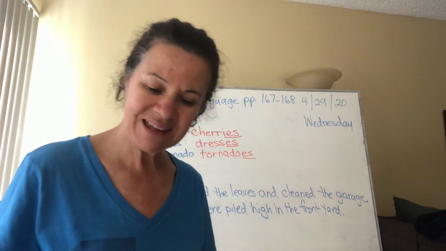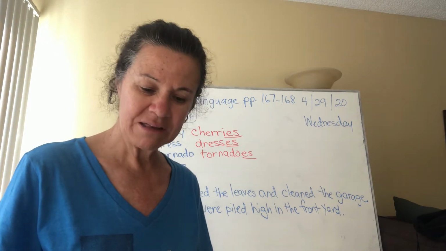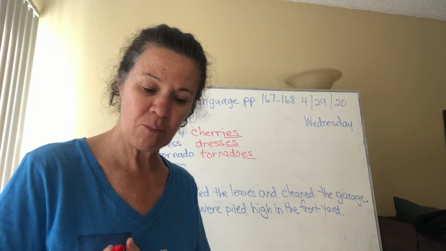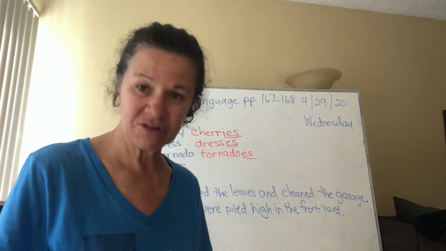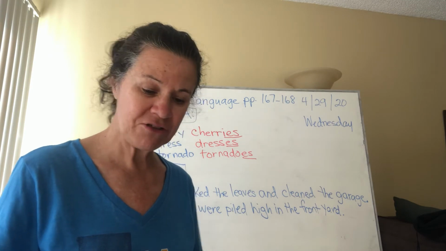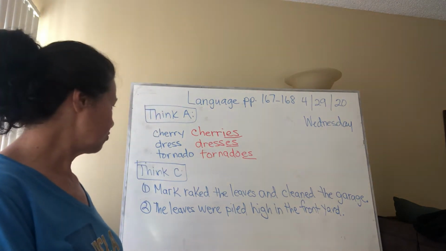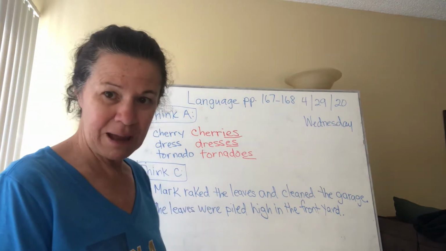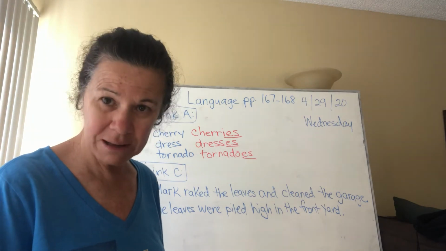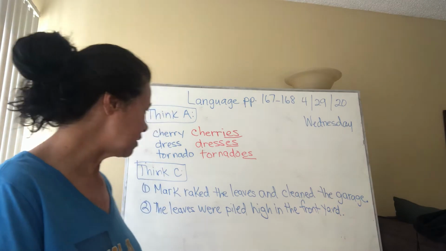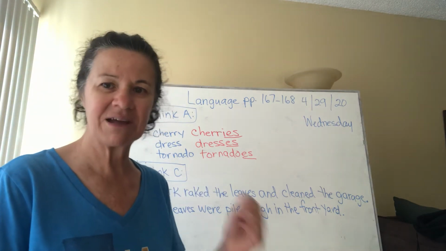Now, Think C. It says underline the verb two times and the subject one time. Diagram the subjects and verbs on notebook paper, okay? We're going to do that together during the Zoom session, but I want to give you the forms. So I'm first going to give you two examples. We know how to find subjects and verbs. We underline the subject once and the verb twice. So we have, Mark raked the leaves and cleaned the garage. Who or what raked the leaves and cleaned the garage?